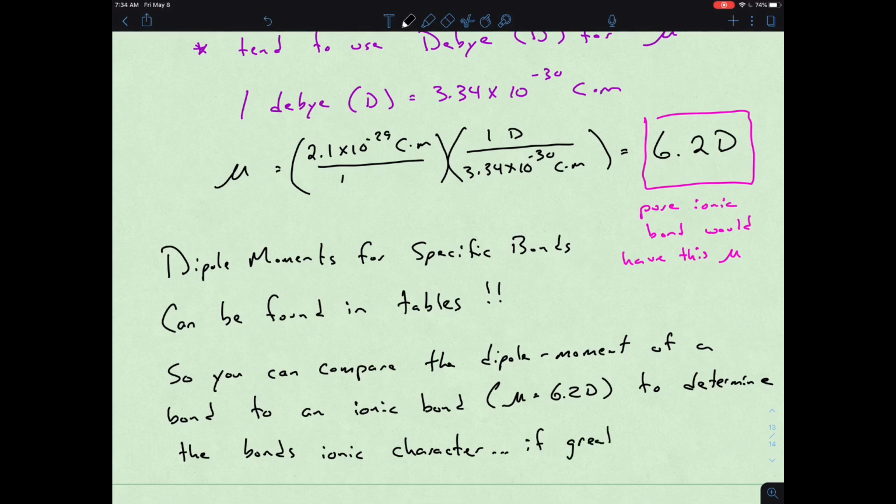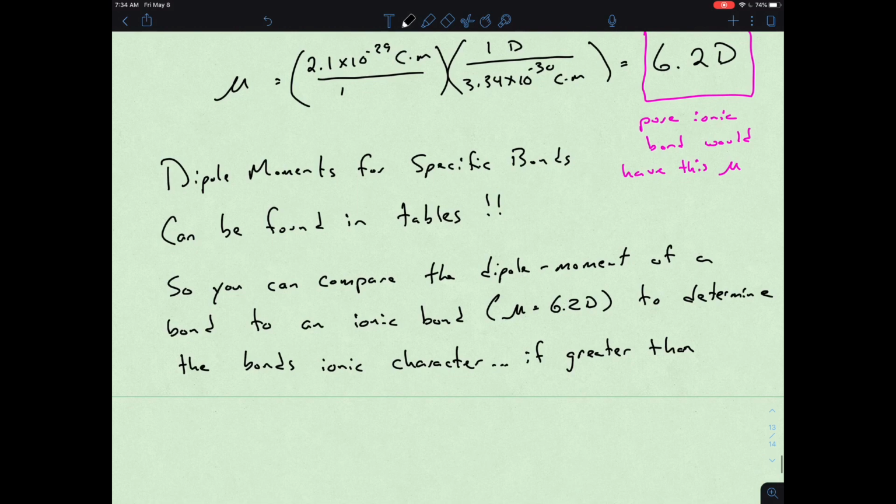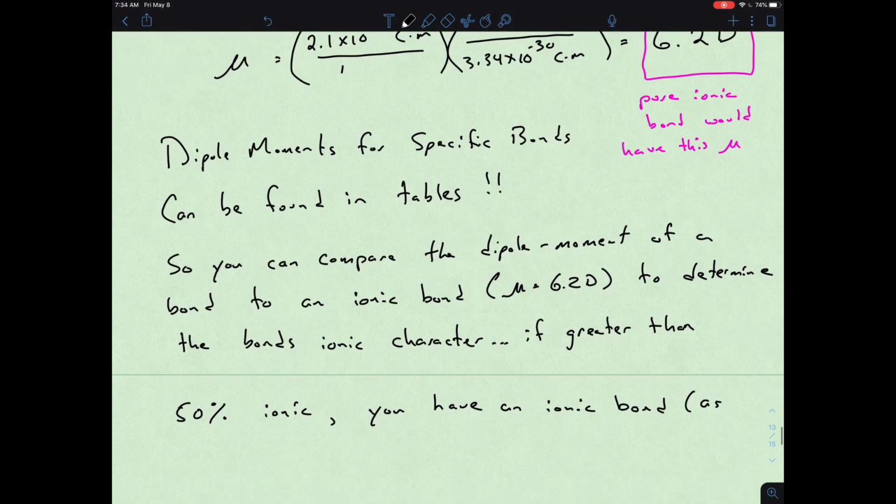If greater than 50% ionic, you have an ionic bond, as opposed to a covalent, or as opposed to a polarized covalent.